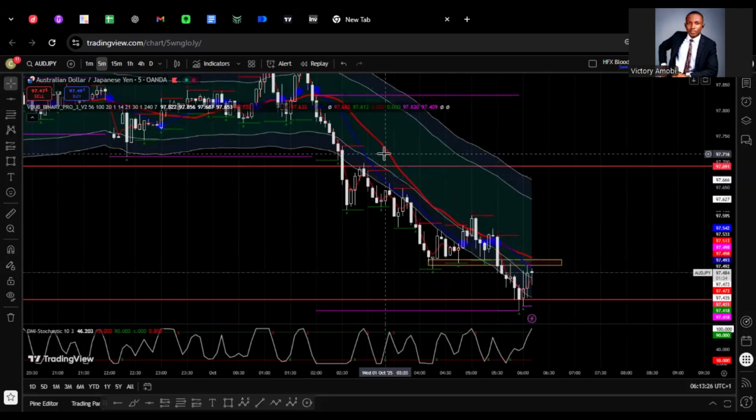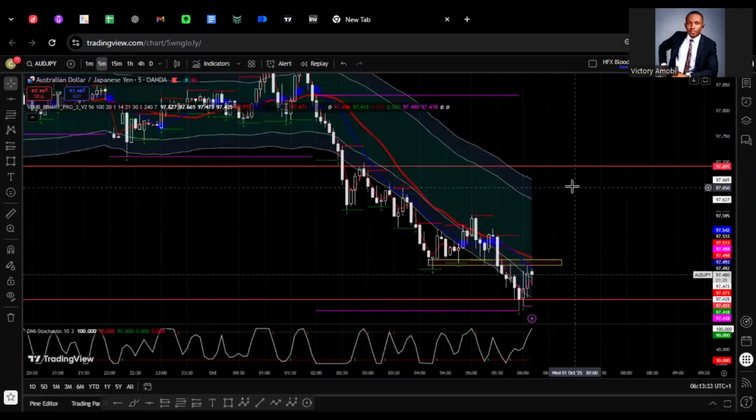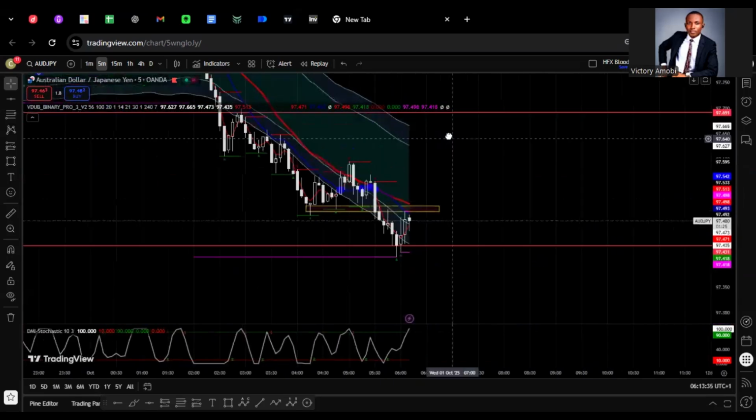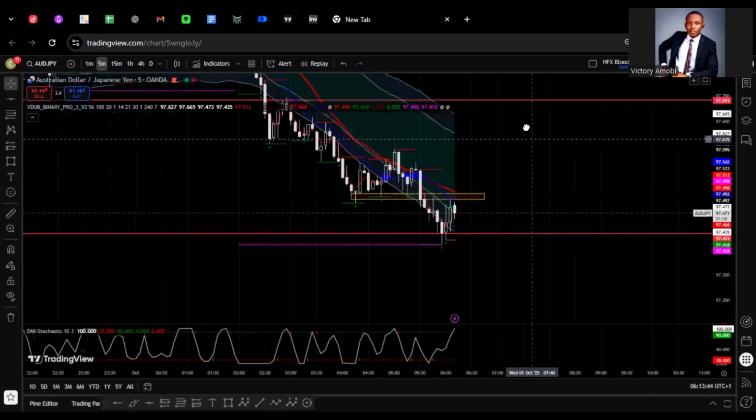So is it acting with the EMA as well, right? Acting with the EMA as a resistance as well, right? Now, in this crazy trendy market, to get these pink zones, right, they don't come by that easily, right?